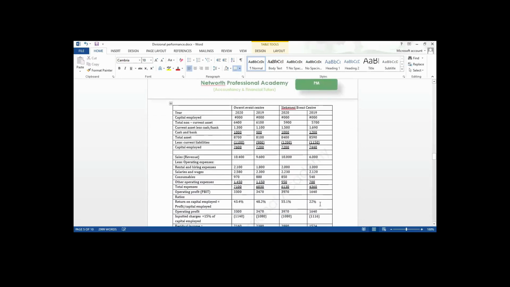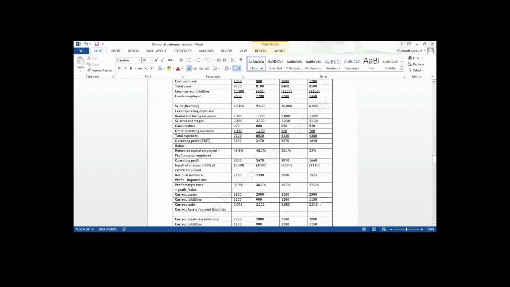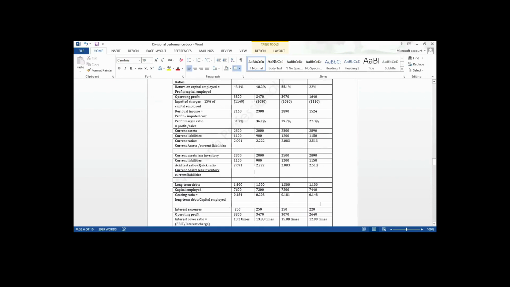You can now come to the question. Long-term debt over capital employed. You can use this. Your capital employed is what we call long-term debt plus equity.